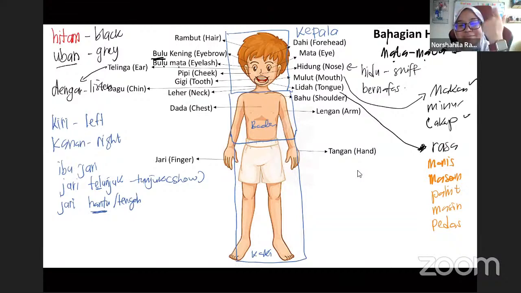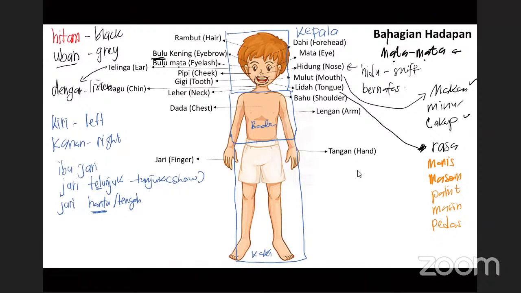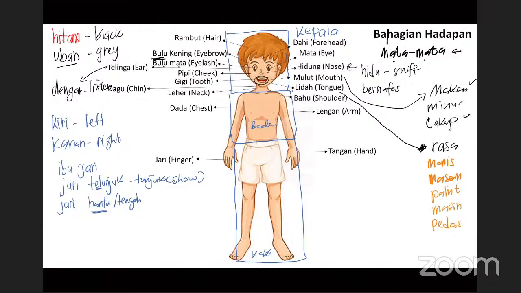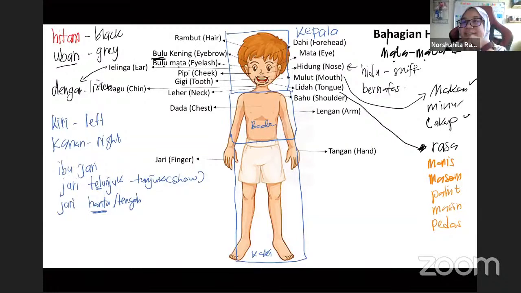Do you know the word hantu in Bahasa Melayu? What does it mean? In Indonesia, what do you call it, Rachel? Same. You're from Indonesia, right, Rachel?